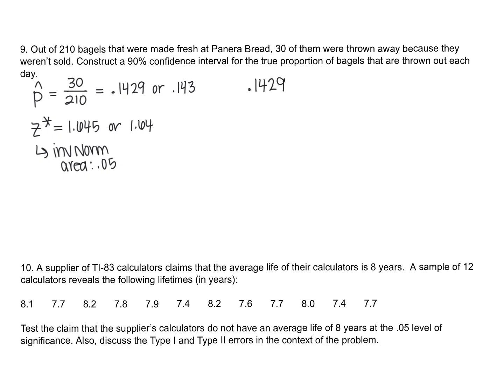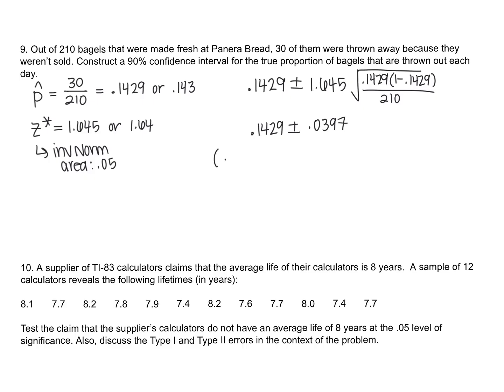So we do p-hat, which is 0.1429, plus or minus our critical value, 1.645, times the square root of 0.1429 times 1 minus 0.1429 all over n, which is 210, which then becomes 0.1429 plus or minus 0.0397, which gives us the interval 0.1032 and 0.1826.